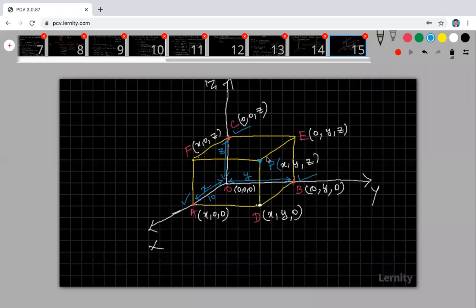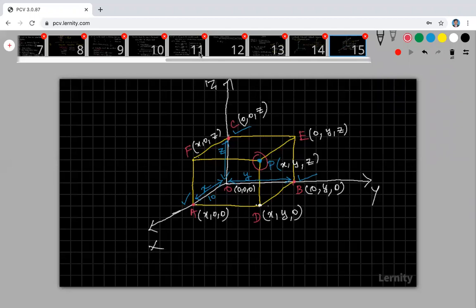Yes, see that, Rahul, point P is there. Yes, Harish, this is a distance.